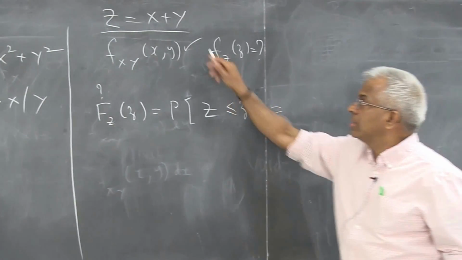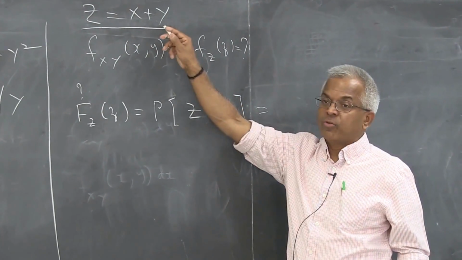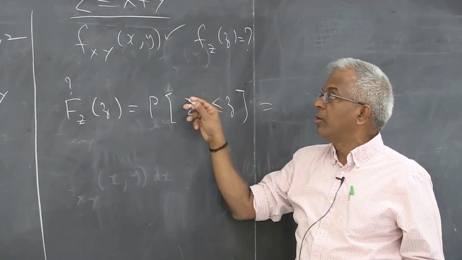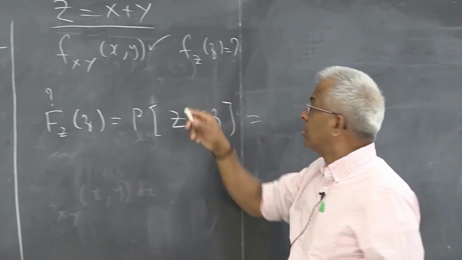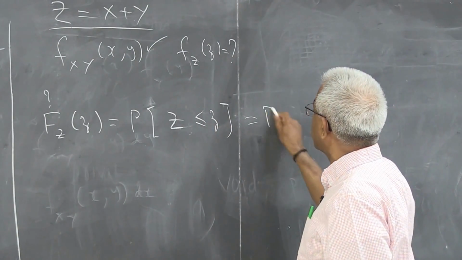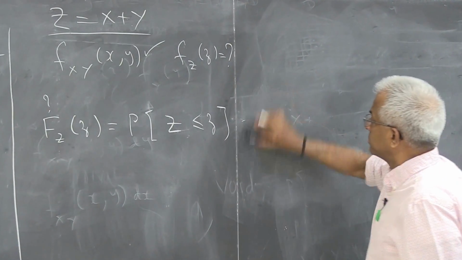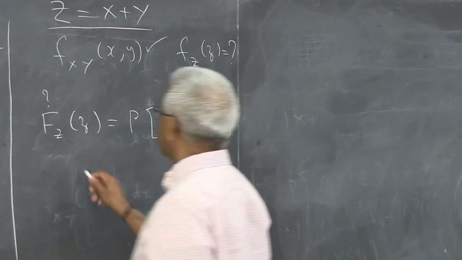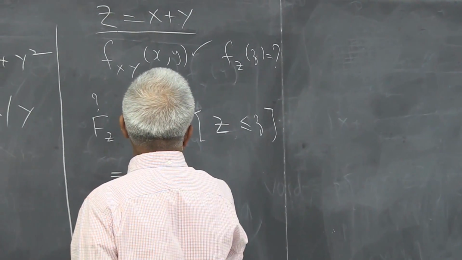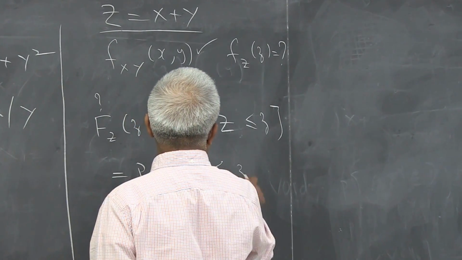But here is the problem. Z is given, and of course we need to translate the unknown in terms of the known. So Z is given to be x plus y, so we can write this as the probability of x plus y less than or equal to z.